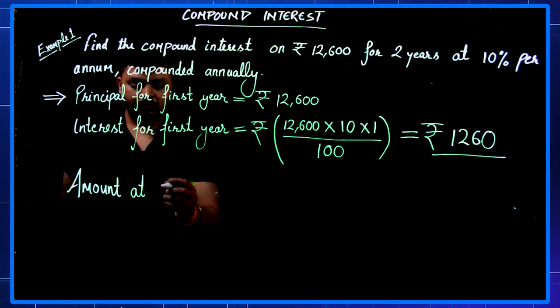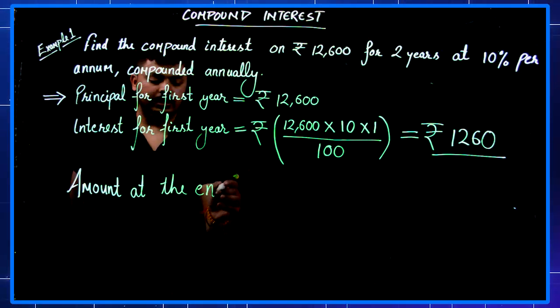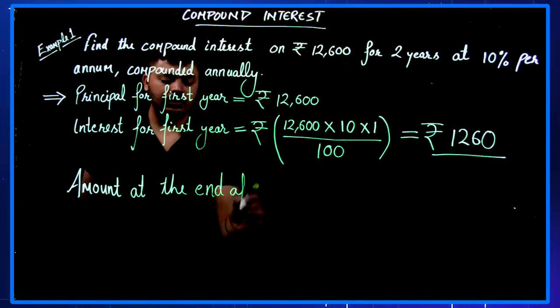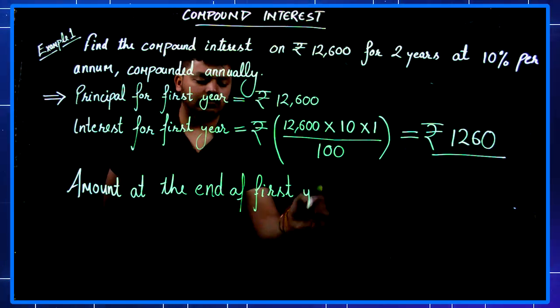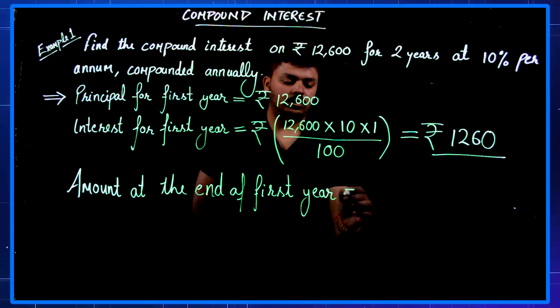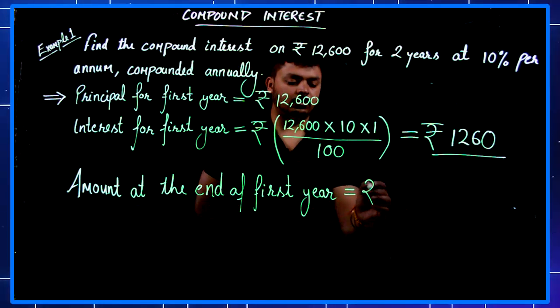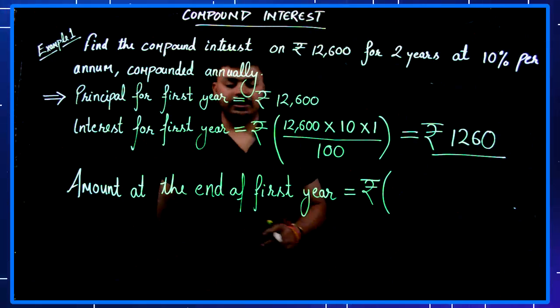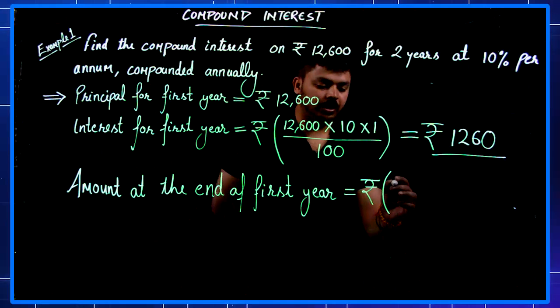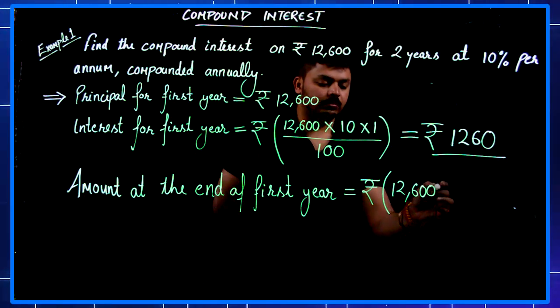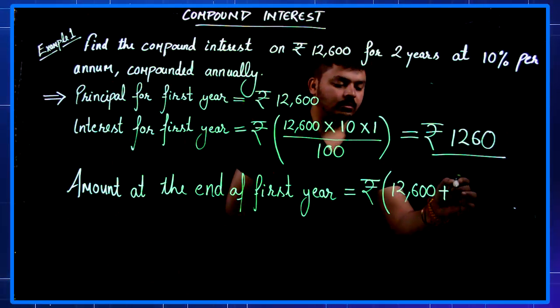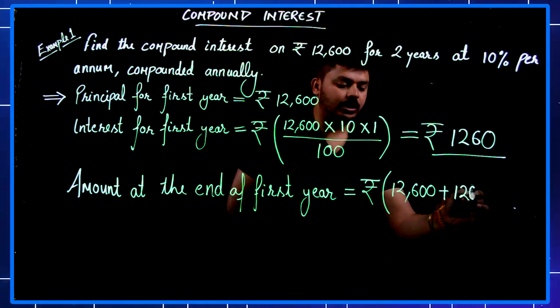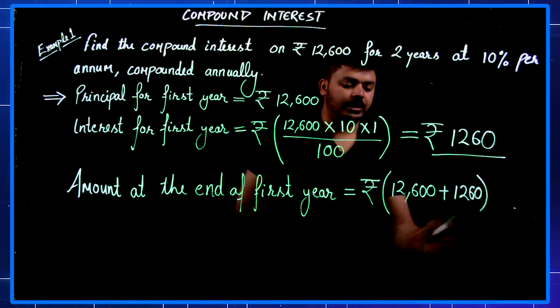So the amount at the end of first year equals rupee, that is principal plus interest, so rupee 12,600 plus 1,260, that is the interest.